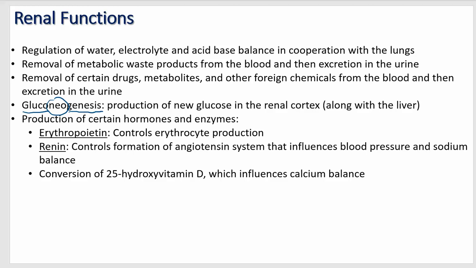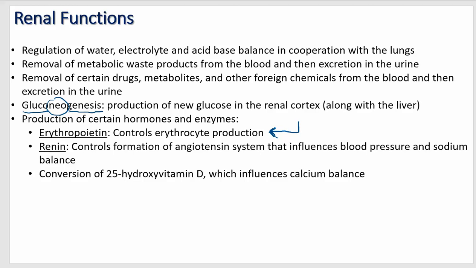All right, so erythropoietin controls erythrocyte production. This is a very common question that comes up on exams because it doesn't seem intuitive, so we want you to remember that erythropoietin is made in the kidneys. You're like, it doesn't make sense. Why are the kidneys controlling blood cell production?